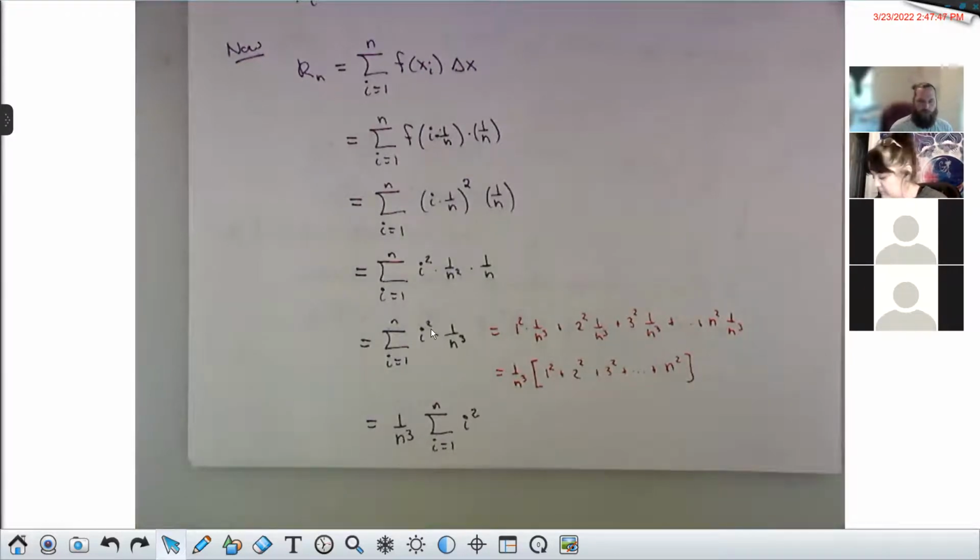So the red is optional. What's not optional is realizing that this piece can come outside the sum here. The rule? Something can pass in and out of a sum like this if it doesn't have any i's in it. This down here says that the sum is indexed by the parameter i.